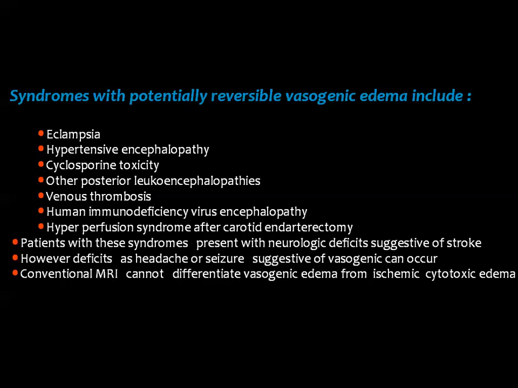Syndromes with potentially reversible vasogenic edema, as in the previous example, are seen in eclampsia, which is one of the causes of posterior reversible encephalopathy syndrome, hypertensive encephalopathy, and cyclosporin toxicity, other posterior leukoencephalopathies, venous thrombosis, HIV encephalopathy, and so on.